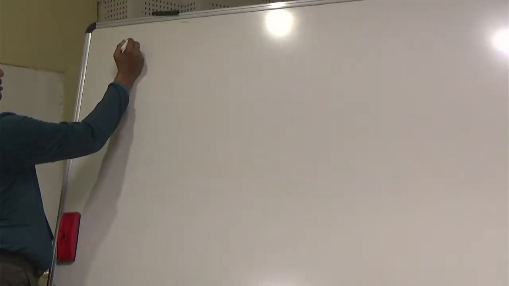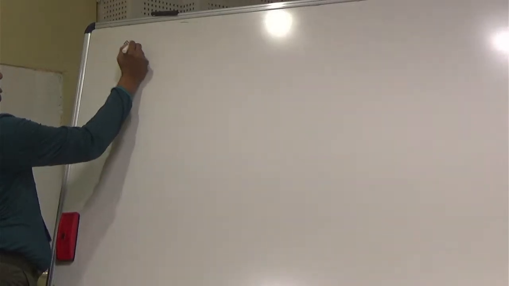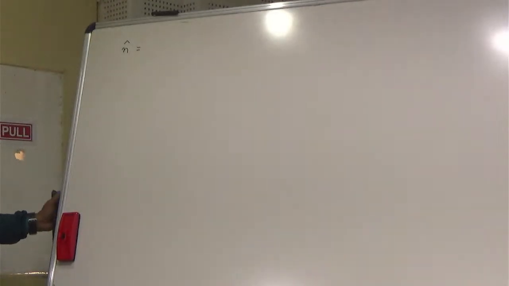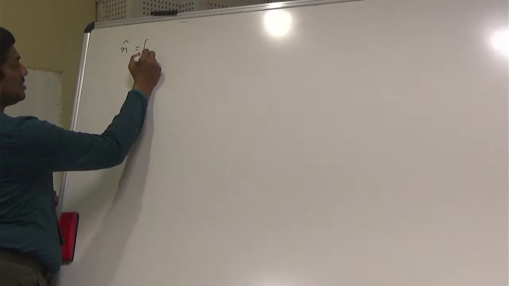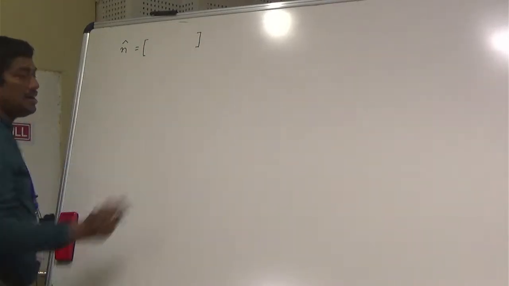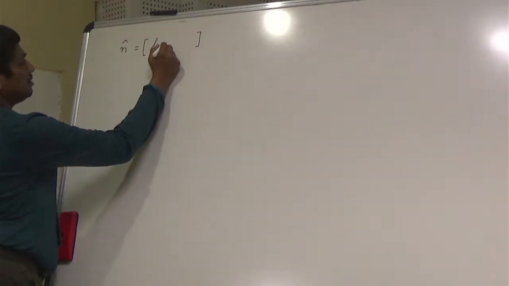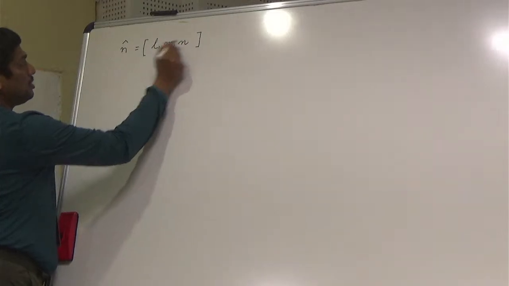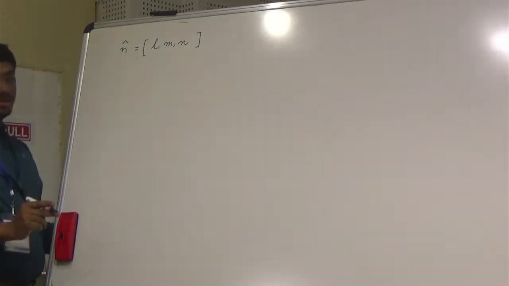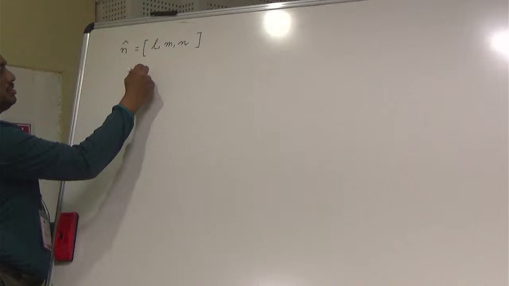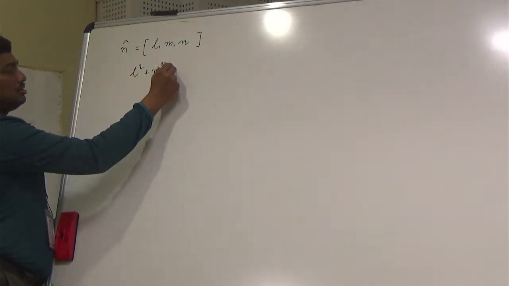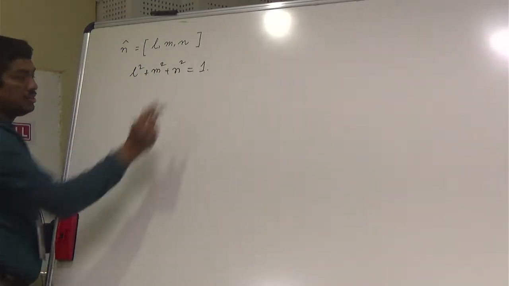If I decompose my n cap, which is the unit vector, in terms of the coordinate system that you have been talking about, if the z direction is at the center of the field of view, x and y directions are on the plane of the sky, or the tangential plane of the sky, then the three components of the unit vector are this. These are the direction cosines.